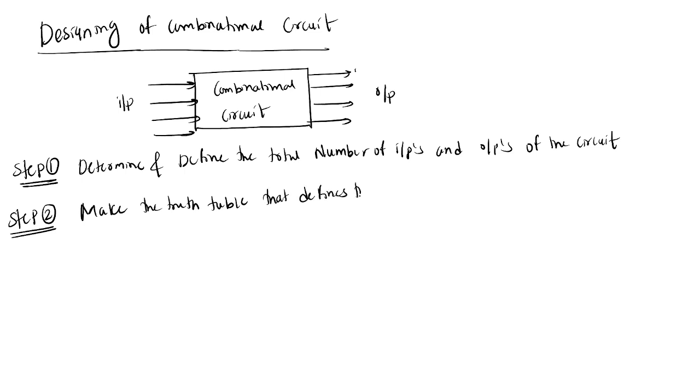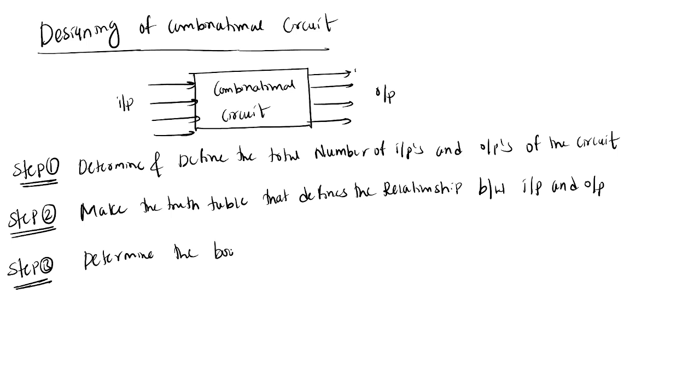And step three: determine the Boolean equation using K-map.